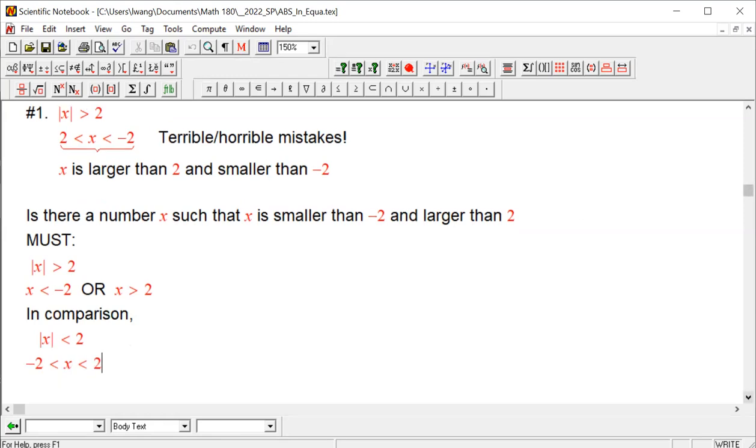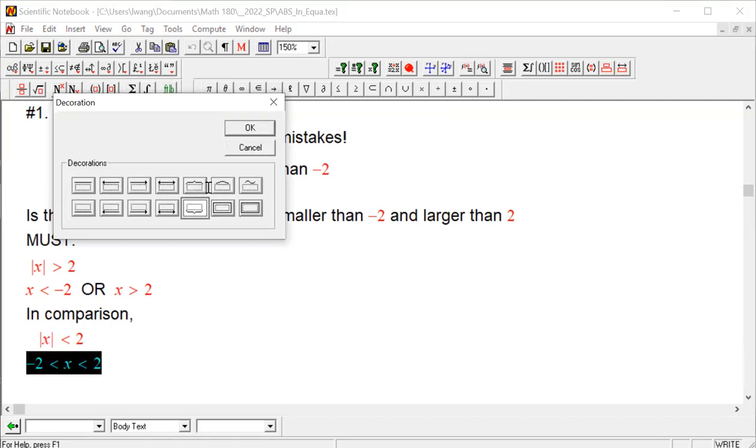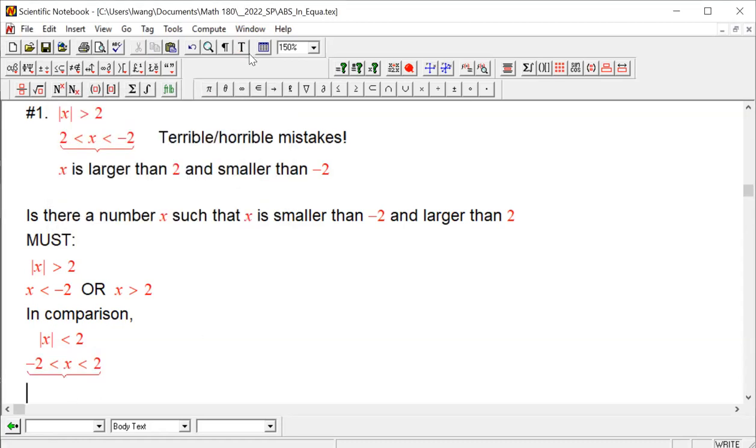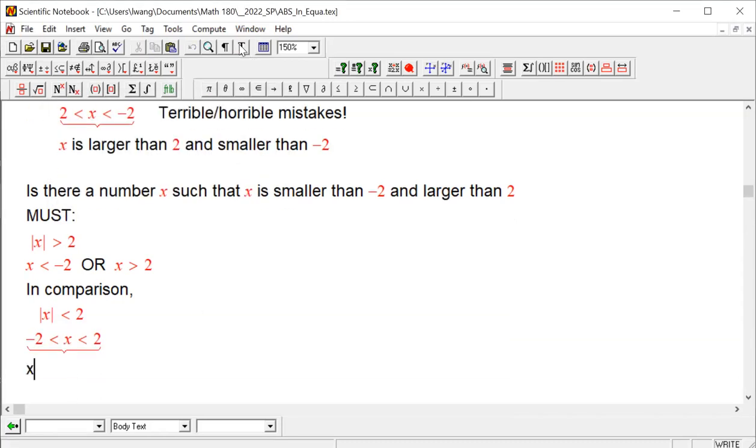What does that mean? It means x is larger than -2 and smaller than +2.